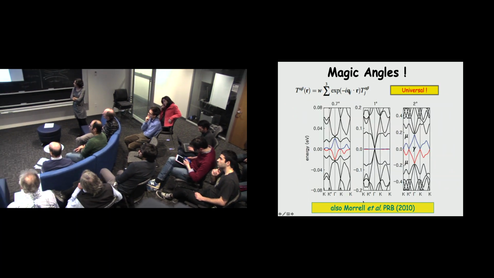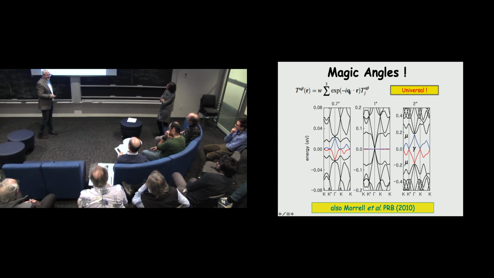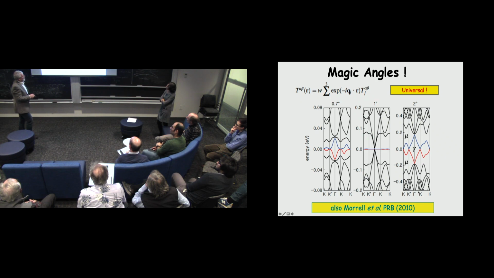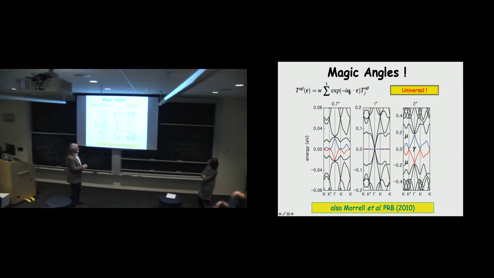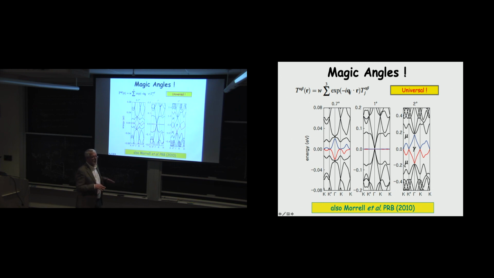People have studied the effect of a magnetic field at large twist angles. There you get effects that are mostly non-interacting effects associated with so-called Hofstadter butterfly physics, where you combine periodic patterns with Landau quantization.